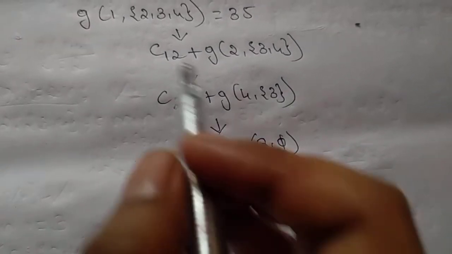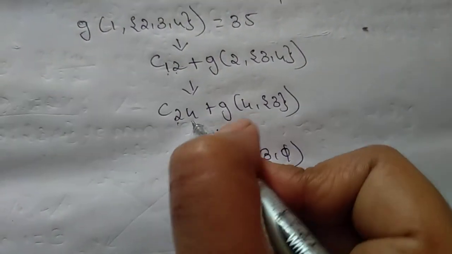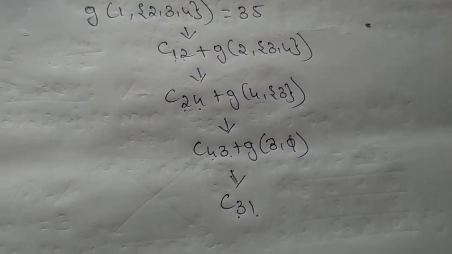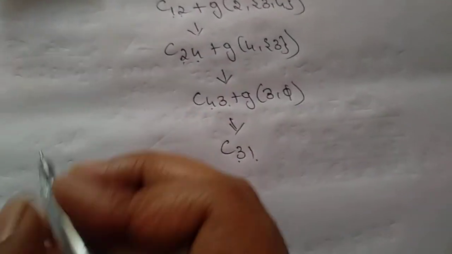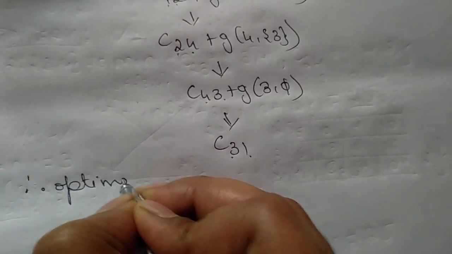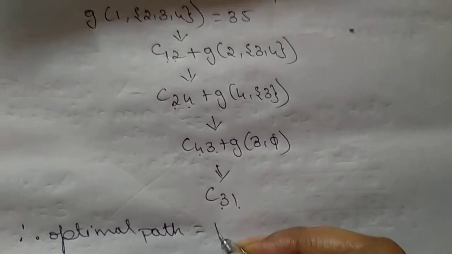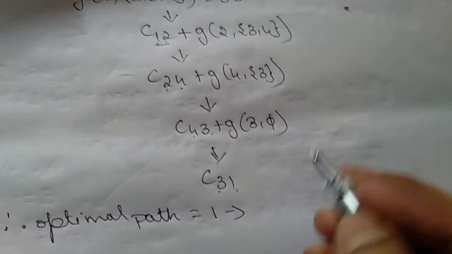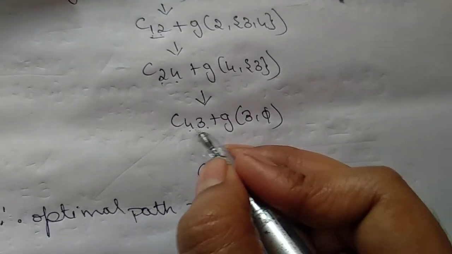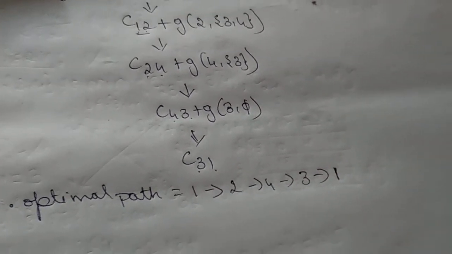Now with this, how will you get the path? See, you have to start from here. 1 to 2, 2 to 4, 4 to 3, again 3 to 1. This is the path. Therefore, optimal path is equal to C 1 to 2, 2 to 4, 4 to 3, then 3 to 1.